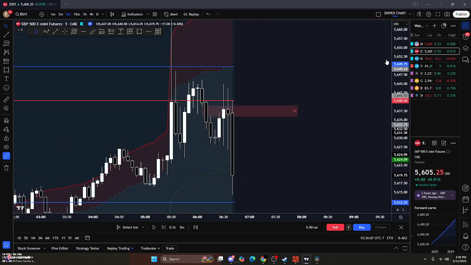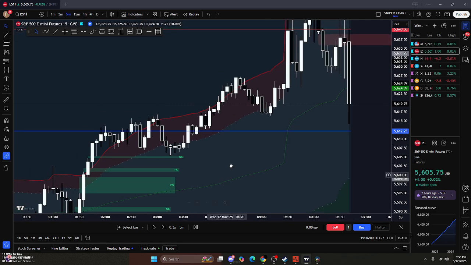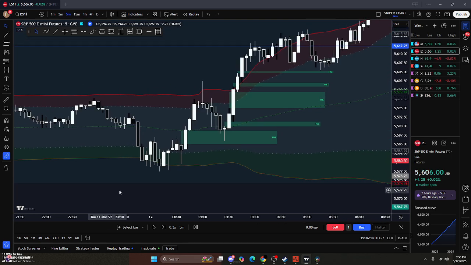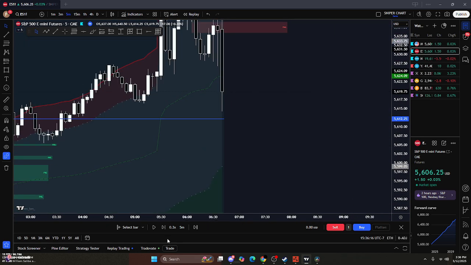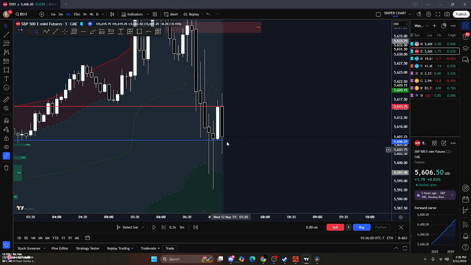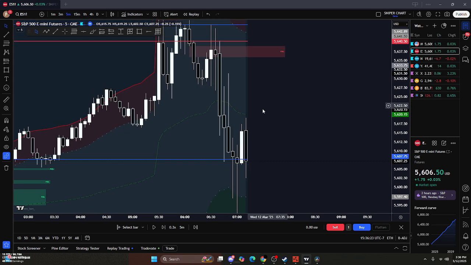and it just, off these fair value gaps are just insane. So let's see. Yeah, like bang. But for your homework tonight, I definitely recommend finding at least 25 fair value gaps.